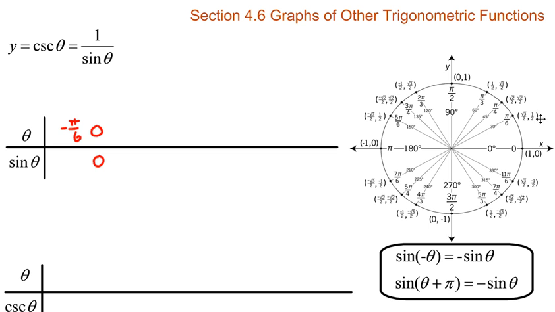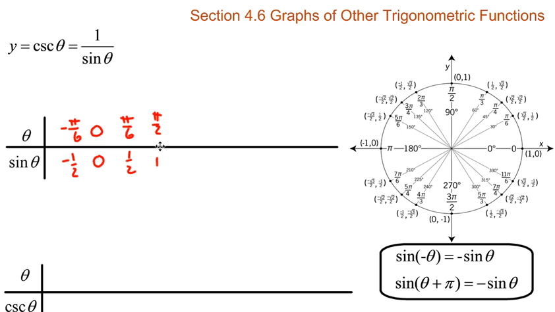Sine of pi over 6 is 1/2, so the opposite is negative 1/2. Now let's do pi over 6. Sine of pi over 6 is 1/2. And then sine of pi over 2, which is 1.